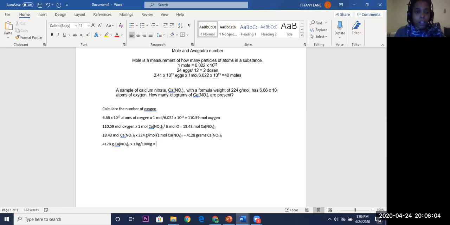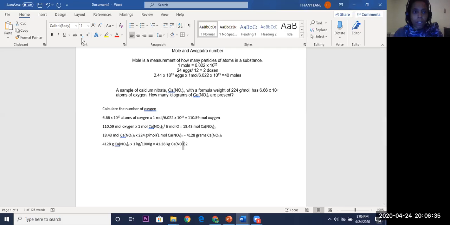And so 4,128 grams becomes 41.28 kilograms of calcium nitrate. So there you go.